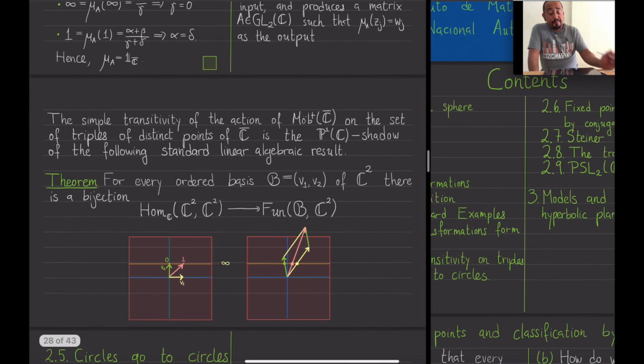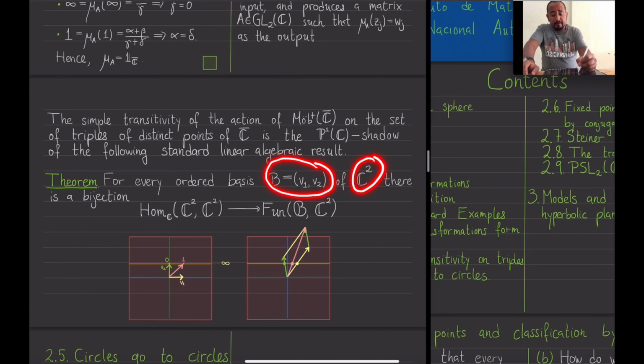So in the basic courses of linear algebra, we are all taught that if you give me an ordered basis of a vector space, then to define linear transformations from that vector space to any other vector space, it suffices to decide where you want the vectors in the basis to land, right?